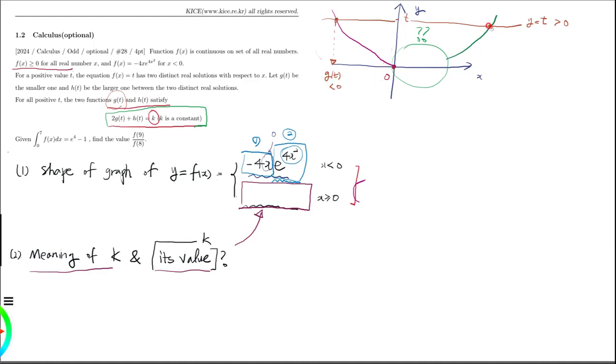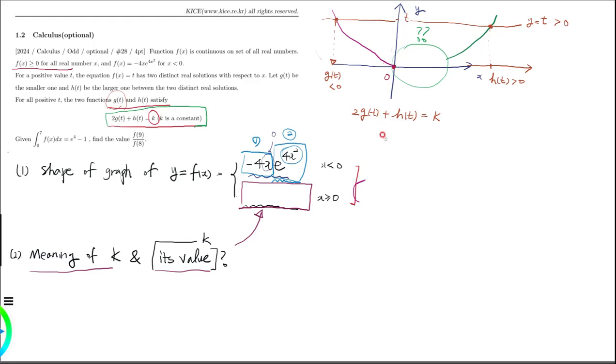The other is the positive solution, denoted as h of t. And the relationship between them is that 2 times g of t plus h of t is always constant, let's say k.